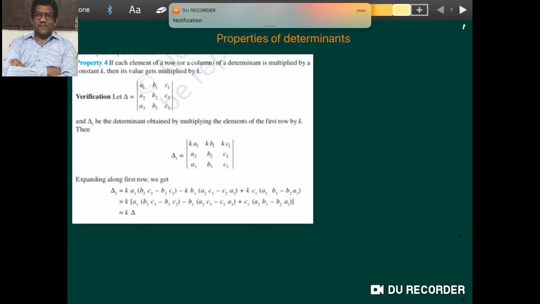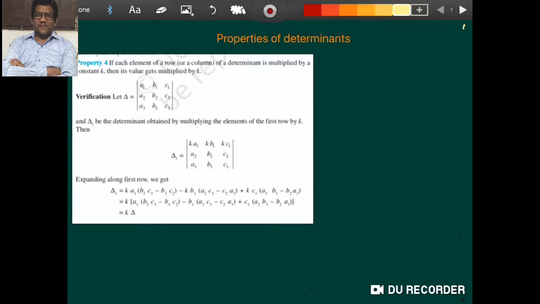Property 4: if each element of a row or a column of a determinant is multiplied by a constant k, then its value gets multiplied by k. Let's consider a determinant.